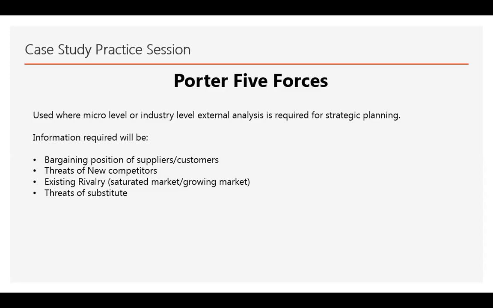You may be given information like the organization is too dependent on suppliers, as there are very few suppliers available in the market. This gives you an indication about the bargaining position of the suppliers. On the other side, it may tell you that the company makes the majority of its sales to 2 customers, let's say, and a very small portion of its sales to different types of customers.